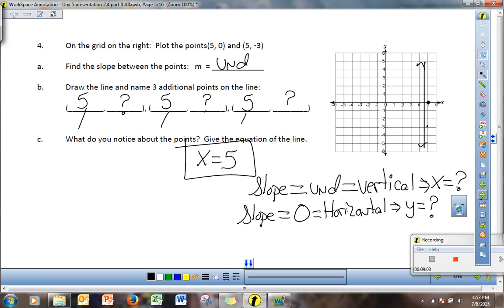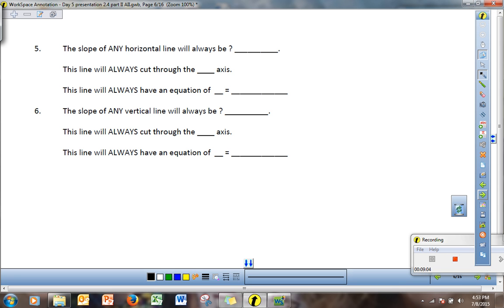So flip over to the back. I'm not going to spend a ton of time on this back, believe it or not. On number 5, the slope of any horizontal line will always be 0. You're going to bed, you're rising none. This line will always cut through the y-axis, and it will always have a form of y equals some number.